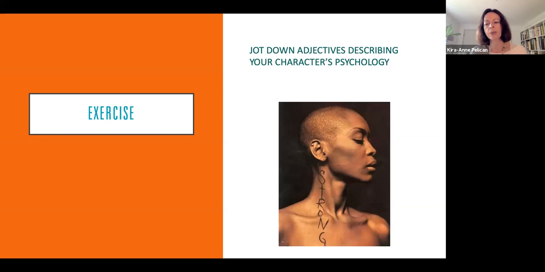So really any descriptive words here at all would be useful as long as they're not describing your character physically. If they're chatty, if they're a warrior, anything like that is useful. And I appreciate that if you haven't been spending too long with the character you're currently working on, this is possibly quite a hard exercise for you.